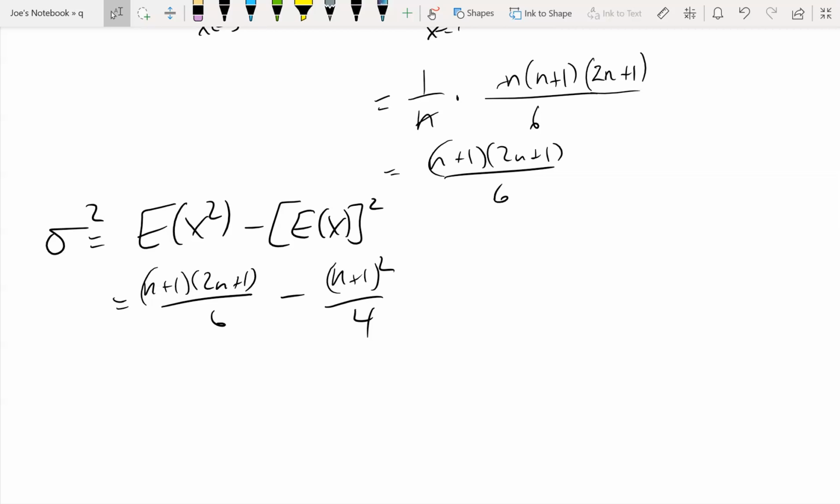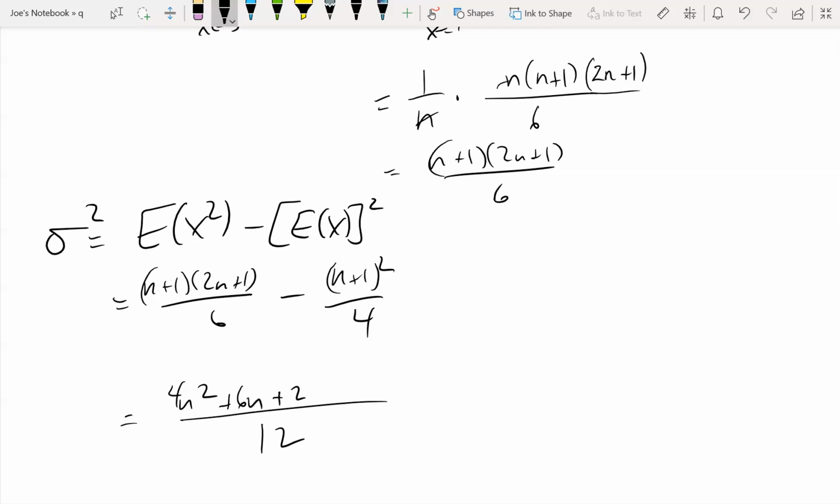Multiply the first one by 2 and the second one by 3. If we FOIL out the first one, I get 2n squared, but I multiply it by 2 for the common denominator, so I'll have 4n squared. I get 3n when I FOIL, times a 2, so a plus 6n. I get a plus 1, but again times a 2.